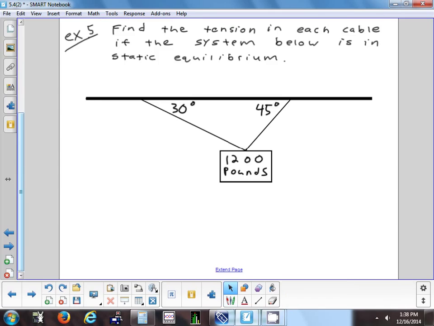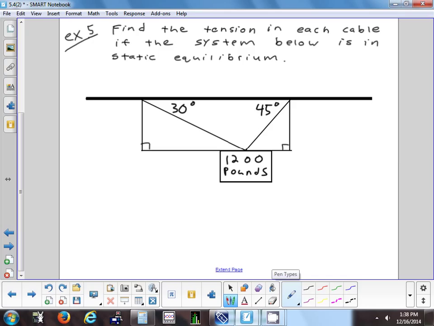Okay, so first thing I want to do is I want to make some triangles in this picture. So what I'm going to do is draw a line about like that. Draw one like that. And one like that. So I just created 2 different right triangles.